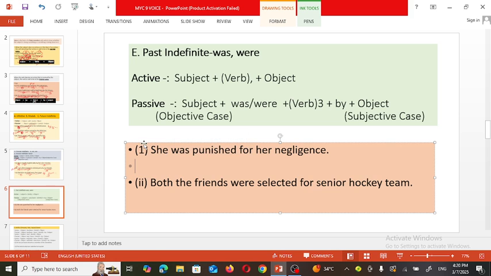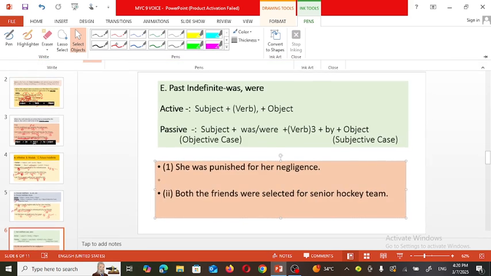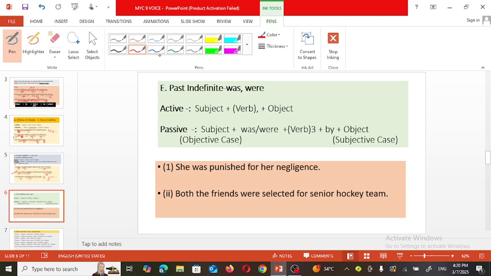See the example here. She was punished for her negligence. Now, "for her negligence" is the remaining part of the sentence. Here, punishment is the action, and this action is done on whom?